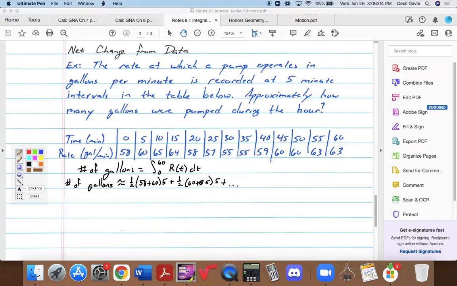This doesn't happen very often on the AP exam, but I wanted you to see one like this. Notice that the time intervals are all 5 minutes, every single one of them. And I'm multiplying every single one of my terms here by a half, right? So I can do half times 5 times the sum.